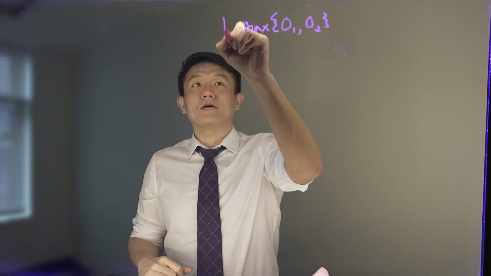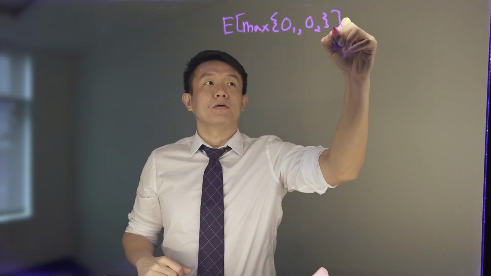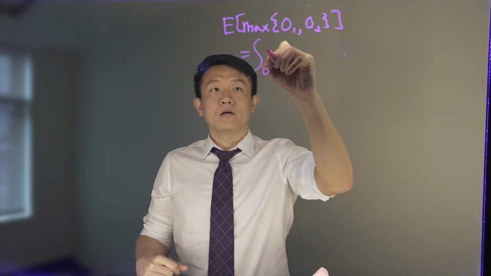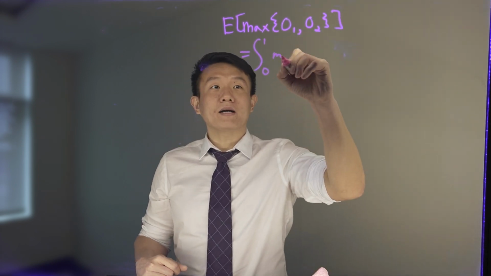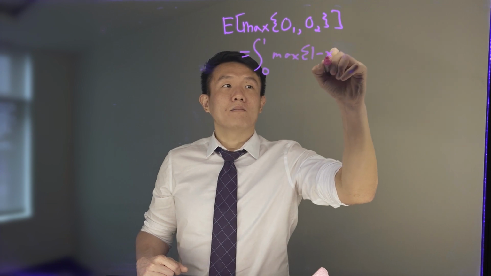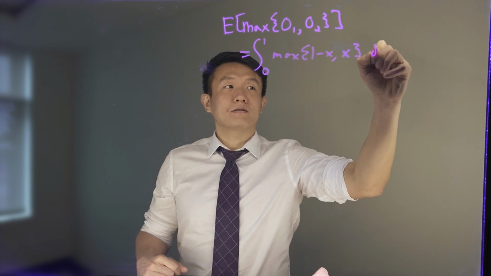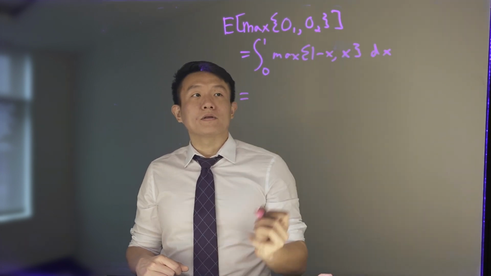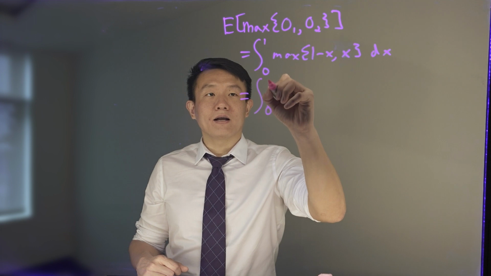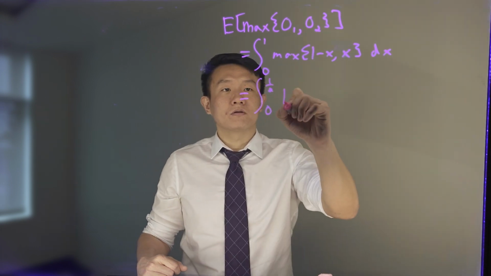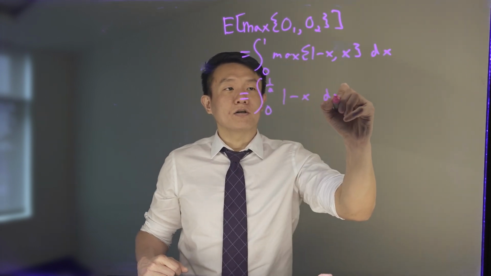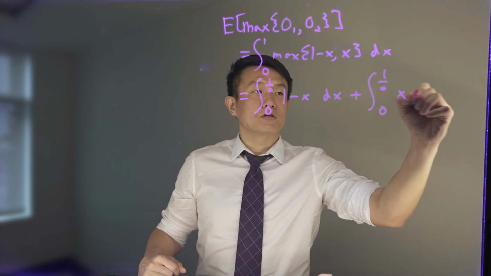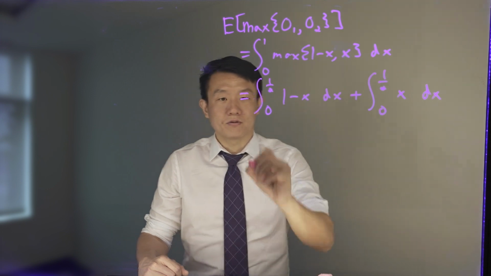So if I want to calculate the expected value of that, I would integrate the maximum of 1 minus x, or x, over the density. What that means is if x is less than 1/2, I would choose to fill it up with fossil fuels. If x is greater than 1/2, I would choose to fill it up with biofuels.